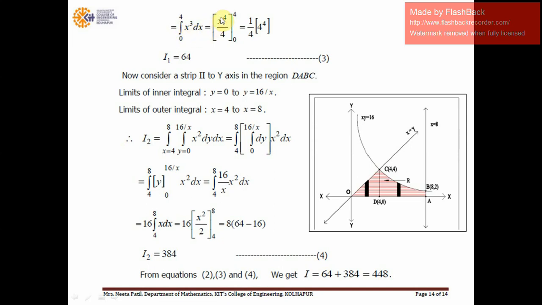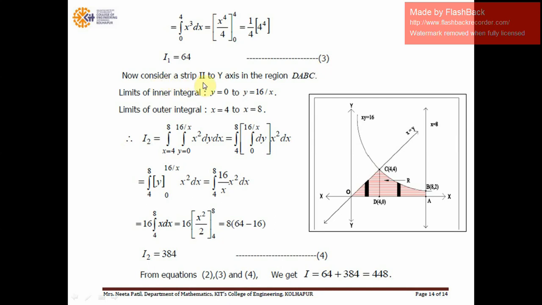Integration of x cube is x to the 4 upon 4, upper limit 4, lower limit 0. Put x equal to 4 upper limit, we get 4 to the 4 upon 4; for the lower limit, the function becomes 0. So you get the value of I1 is equal to 64. Call this equation 3.